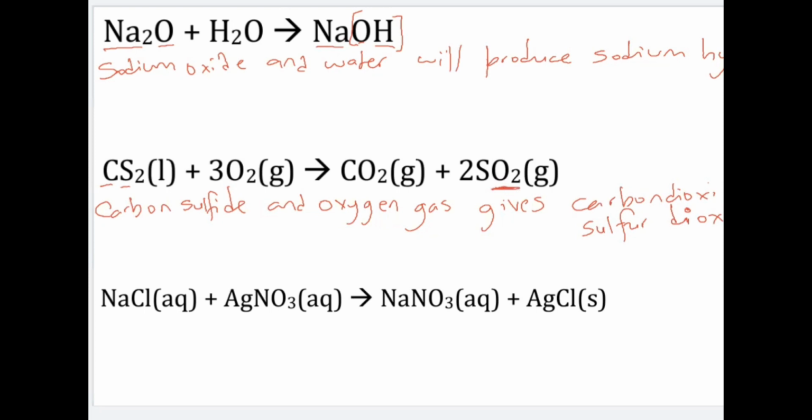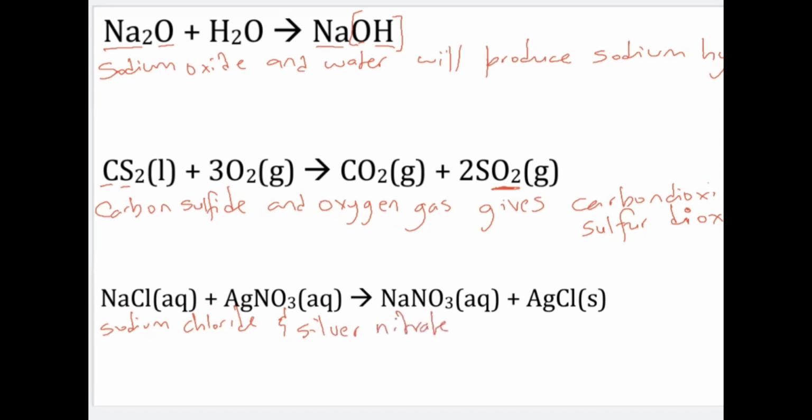Next, we have NaCl, which is sodium chloride, and Ag here is silver, and NO3 we know from our list last week will be nitrate.